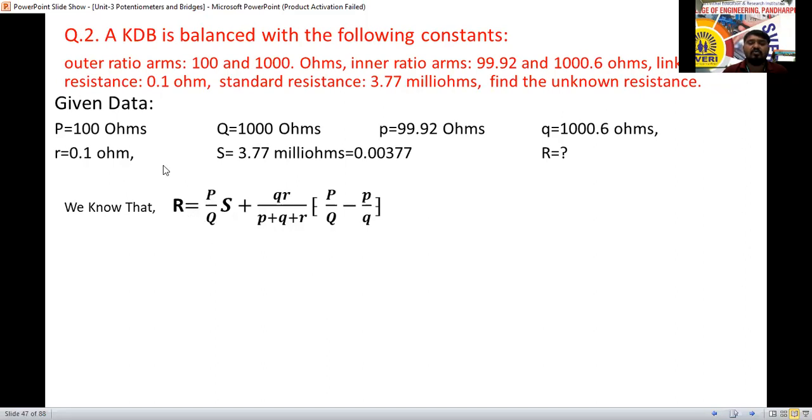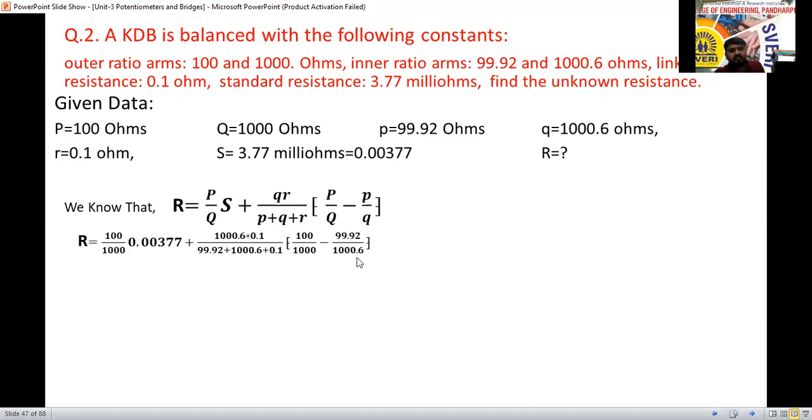In the place of P, substitute 100. In the place of Q, substitute 1000. In the place of S, substitute 0.00377, plus Q over this, 1000.6 into r, that is 0.1, divided by 99.92 plus 1000.6 plus 0.1, into 100 divided by 1000 minus 99.92 divided by 1000.6.